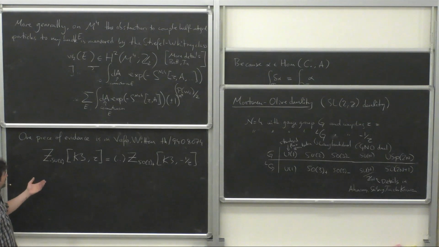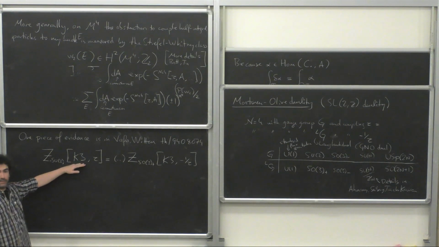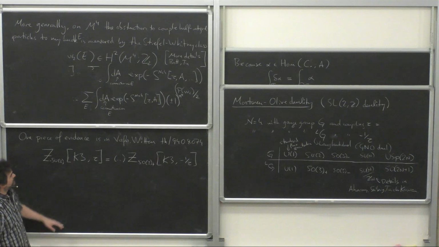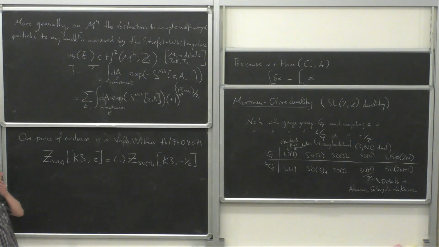So they actually do the computation for N equal to 4. N equal to 4 is simple enough that you can compute the action explicitly on K3, a very special 4-manifold. And they find that these two things agree as predicted by that.